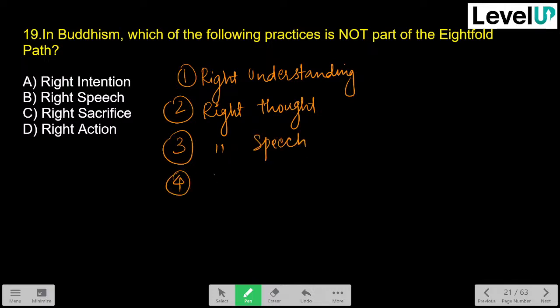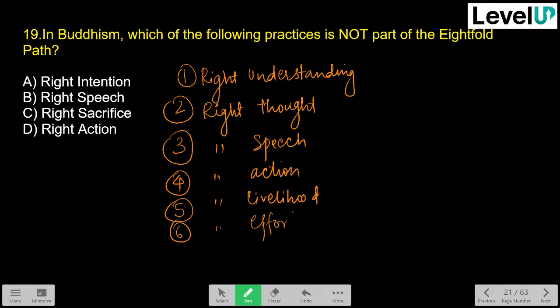Fourth is right action. Your action should be good. Fifth, right livelihood. Live properly, not abusing anyone, right? Then right effort. Our effort should be good so that we can achieve our goals.